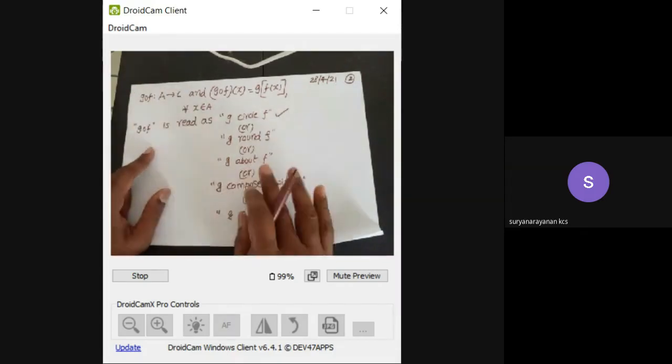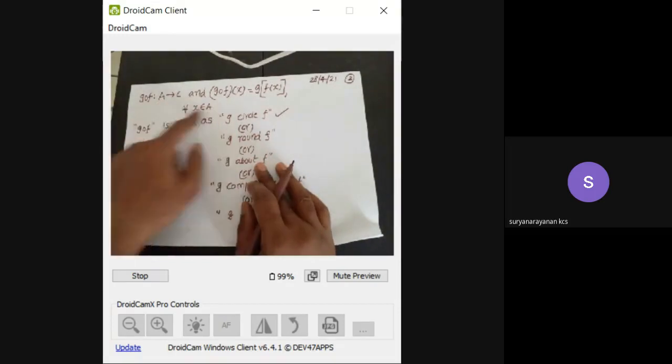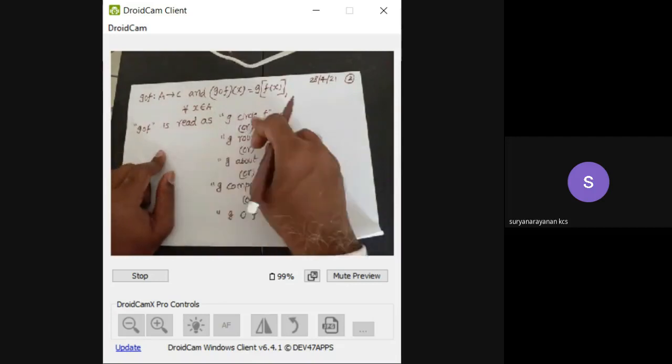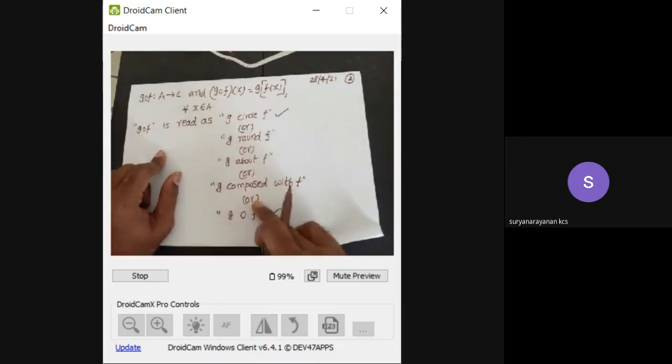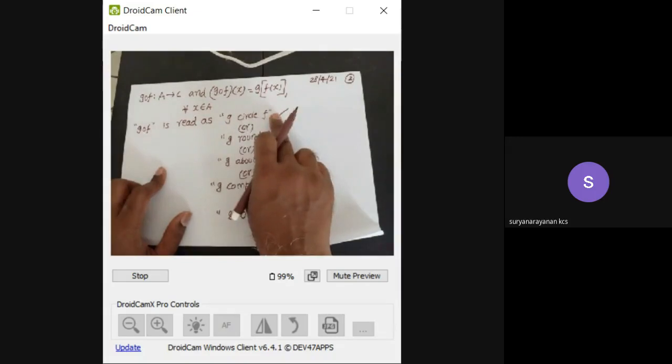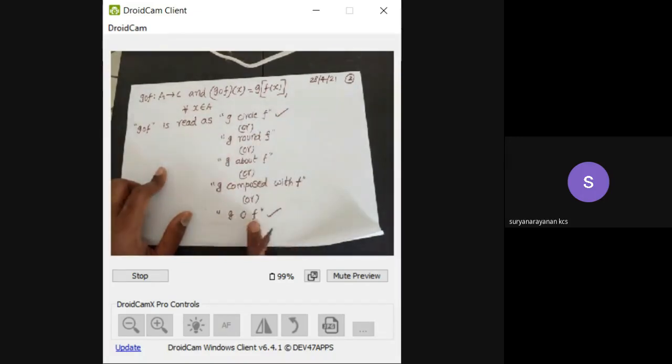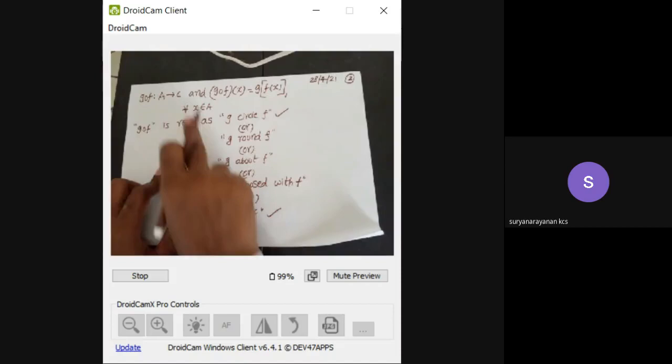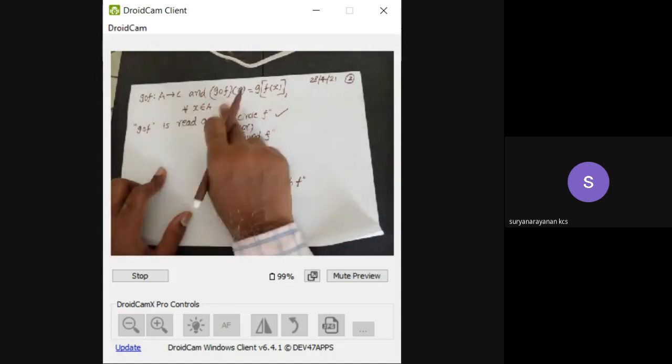Okay, all of you read these two lines. I wrote here how to read this notation, either G circle F, remember this line, or the last line GOF. I will read these two lines first.